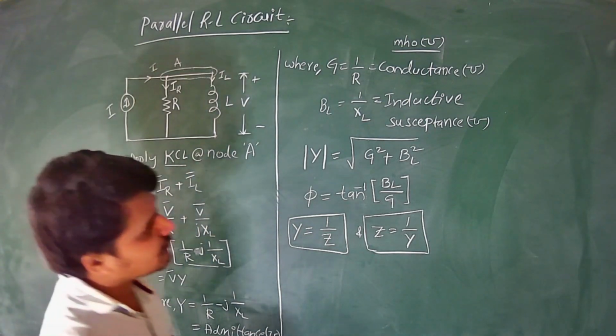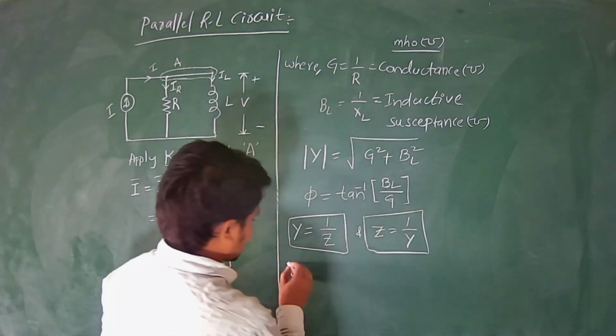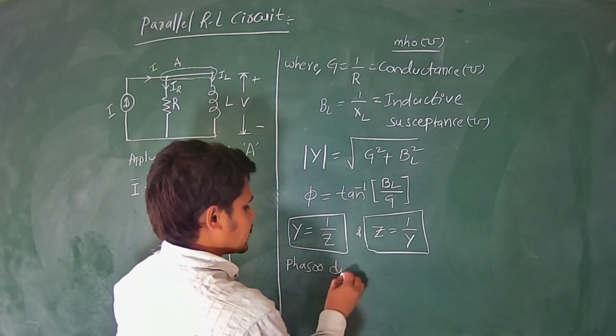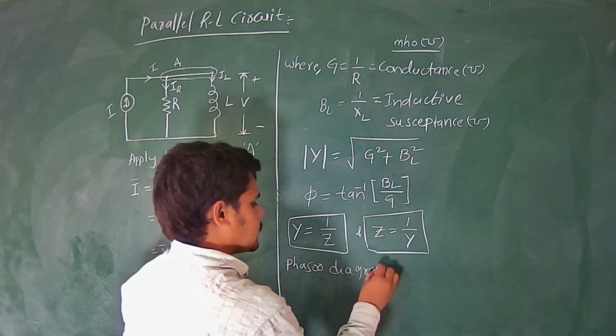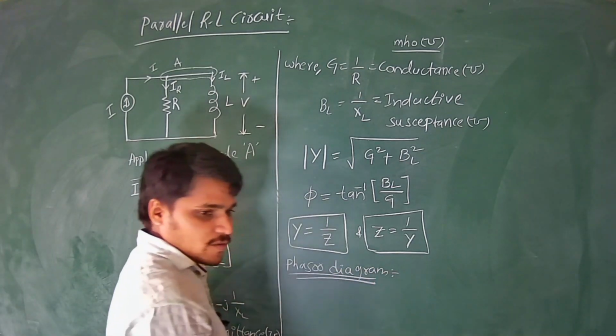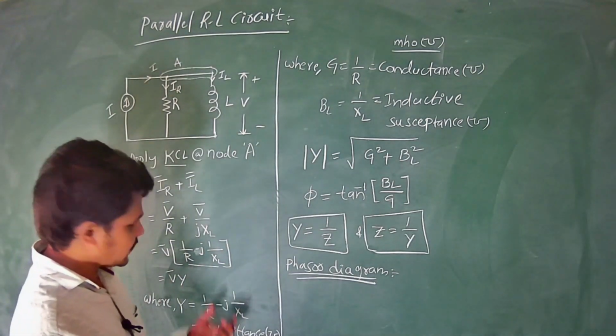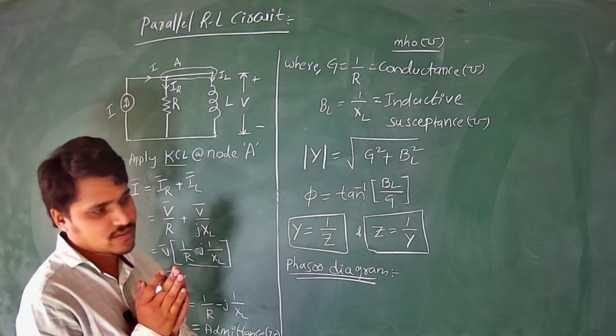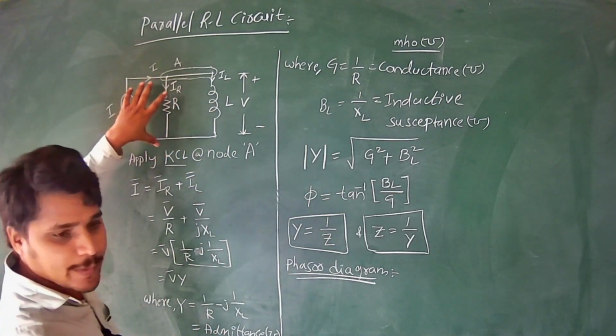Now let us draw the phasor diagram. So how to draw the phasor diagram? This is very important. Whenever you are drawing the phasor diagram, we have to take one of the phasors as the reference. Now here, this circuit is a parallel circuit.